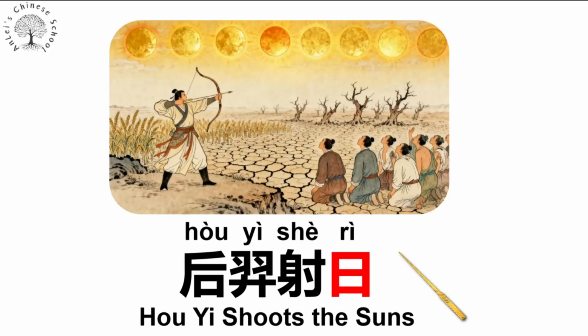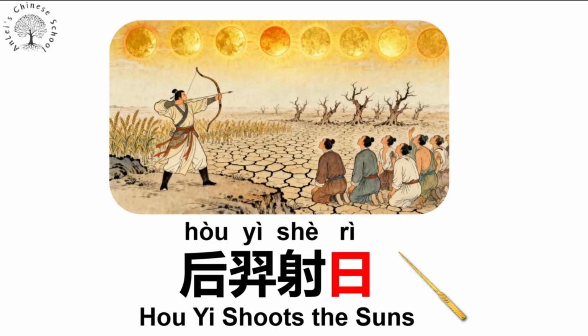There's an idiom called 后羿射日. In ancient times, there were originally 10 suns, and only one of them would work each day. Once all the 10 suns appeared in the sky together, which caused the land to dry up, crops to die, and the people to suffer greatly. The god of heaven then sent Hou Yi, a divine archer, down to the mortal world.